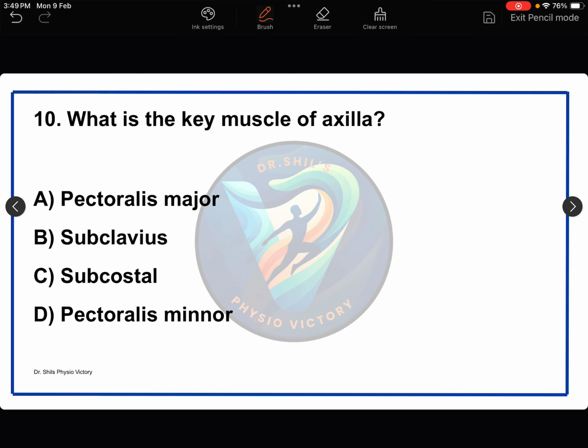Next, come to question number 10. What is the key muscle of axilla? Option A, pectoralis major, option B, subclavius, option C, subcostal, option D, pectoralis minor. Here, the correct answer is option D, pectoralis minor. Pectoralis minor is called the key muscle of axilla because it divides the axillary artery into 3 parts.